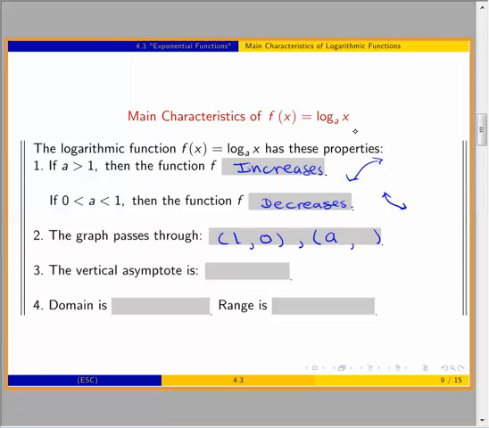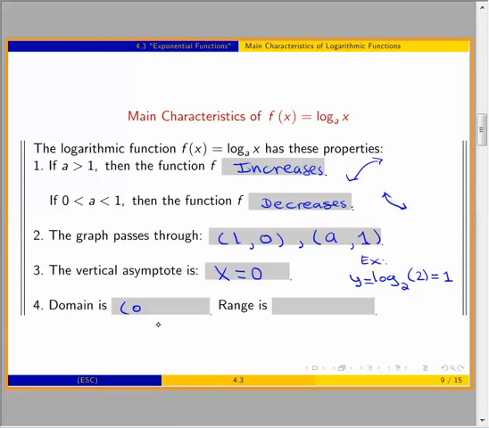So for example, if you have the base 2 and you plug in 2, then the y value will be 1. Okay, so that's a property you guys want to remember. And then the vertical asymptote for this basic function is going to be x equals 0. The domain is from 0 to infinity, and the range is from negative infinity to positive infinity.